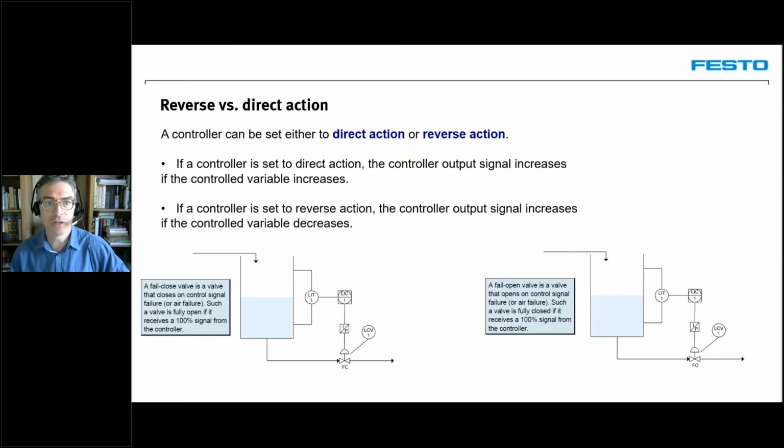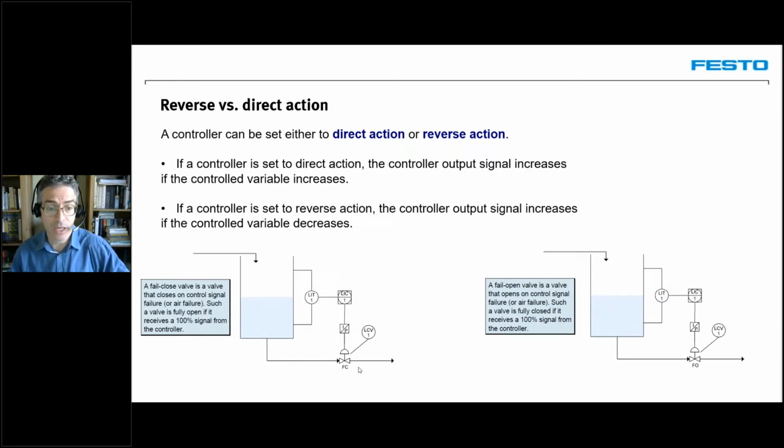If we are set in direct action, the controller output increases when the controlled variable increases, while in reverse action, the output will decrease when the variable increases, or vice versa. We have two examples here to understand why this distinction is essential. It depends on the type of final control element you have.